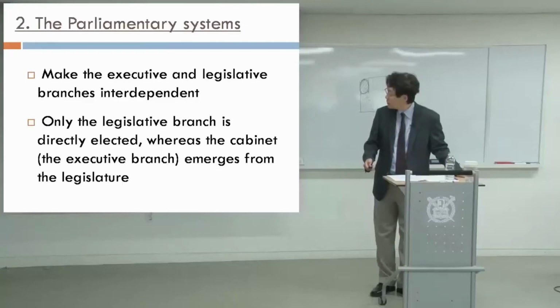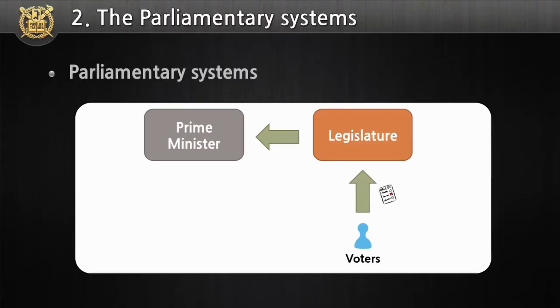And let's see the picture. How's that? So people elect the members of the legislature. And the executive branch, headed by Prime Minister, emerges out of the legislature. So legislature selects the executive body.